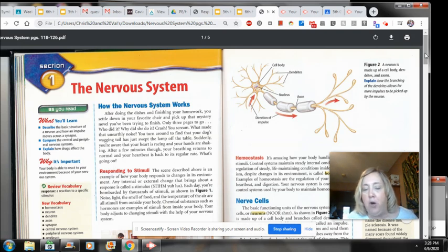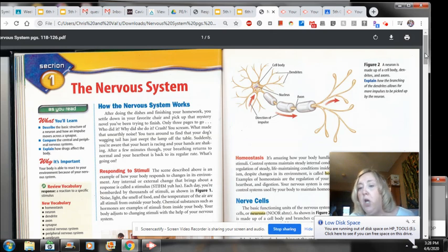Those are called dendrites, and dendrites deliver the message to the next neuron in your body. In the center of it, you have a cell body. Inside the cell body is the nucleus and all those key parts of a cell, the mitochondria, the lysosomes, all those parts that we talked about early on in the year that every good cell has.